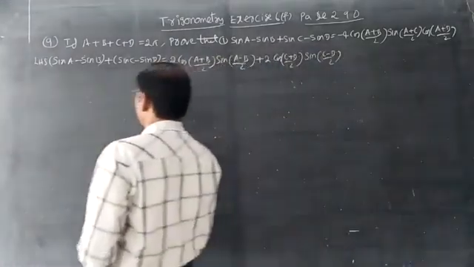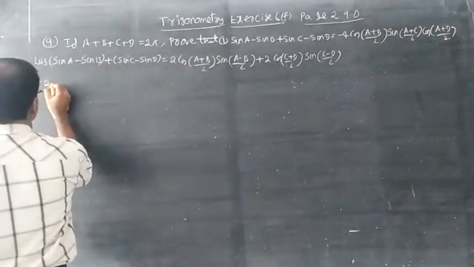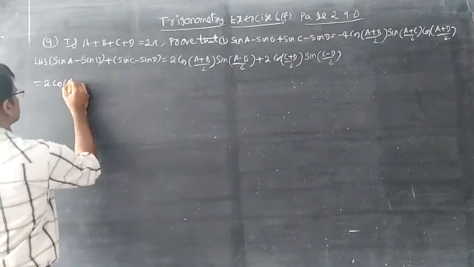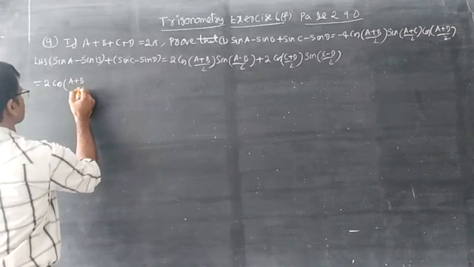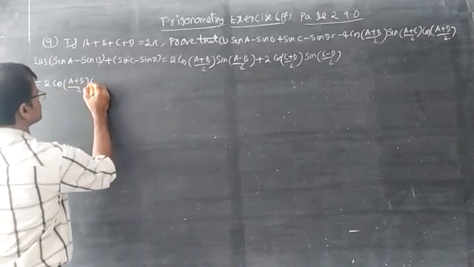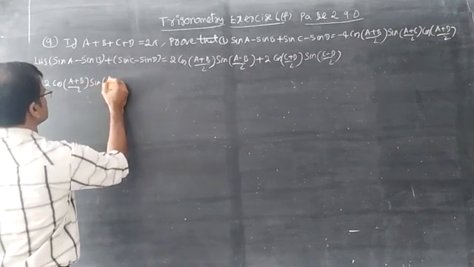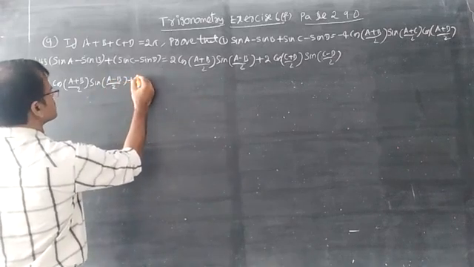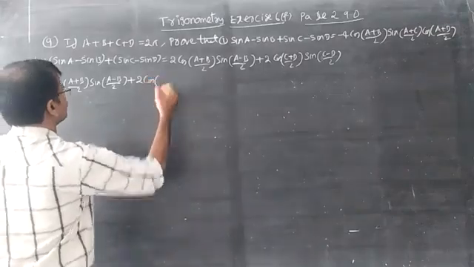That is equal to, you can write 2 cos of A plus B by 2 into sin of A minus B by 2 plus 2 cos of C plus D by 2 into sin C minus D by 2.